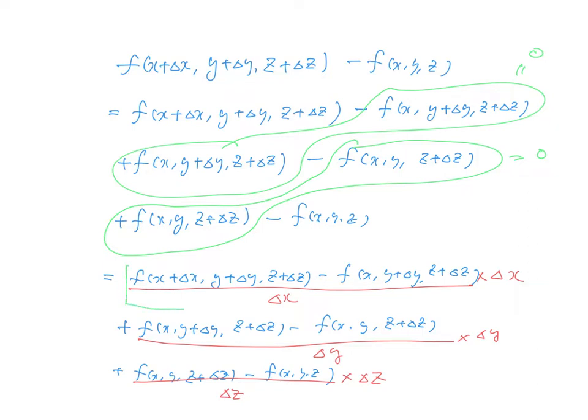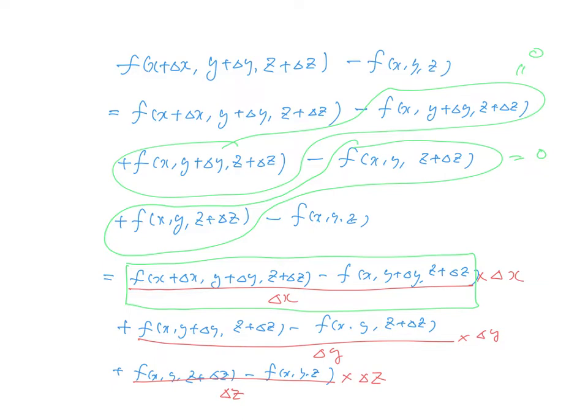So what is this for small delta x? If you change the function by a tiny amount in the x direction by delta x and subtract the original function without adding the delta x and divide by delta x, what does that mean? Partial derivative, right?